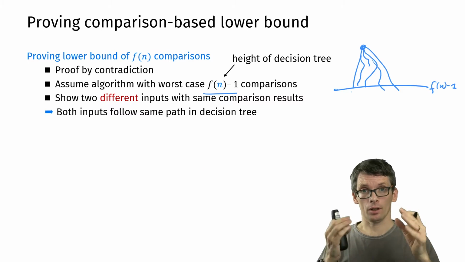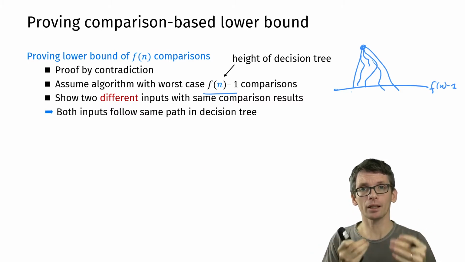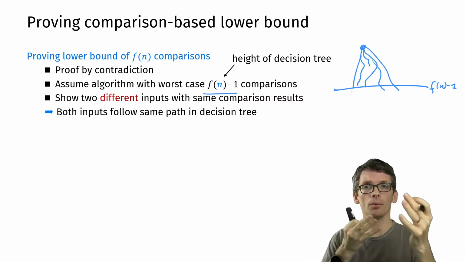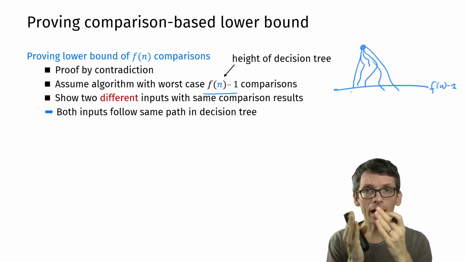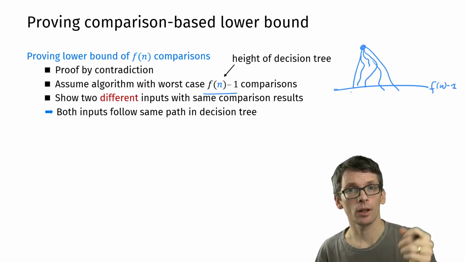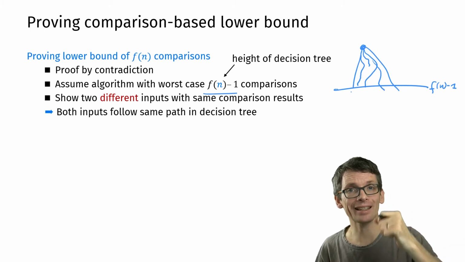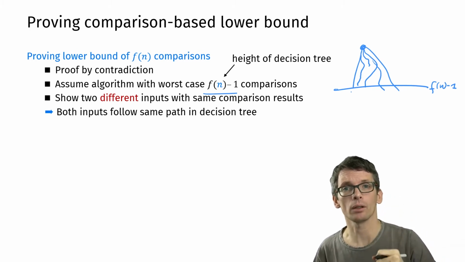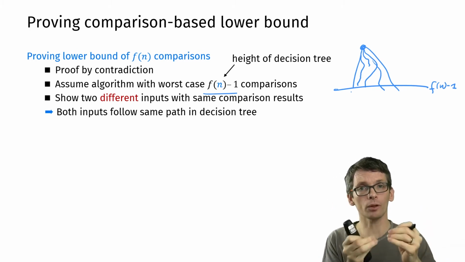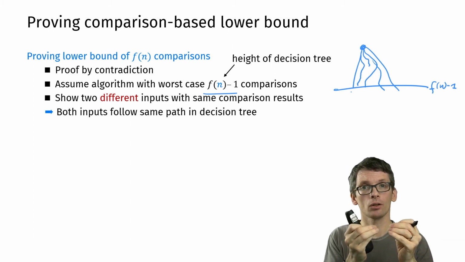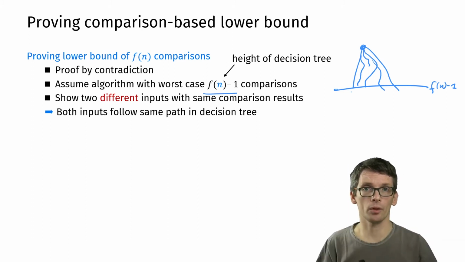But if I have two different inputs, and in particular what I'm going to look at is two different permutations of the same numbers, if they both follow the same sequence of comparisons, therefore following exactly the same execution sequence, it means the algorithm does the same for the two different permutations. So it cannot permute them in the same way.